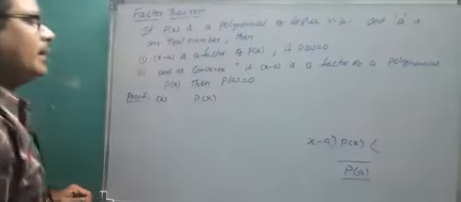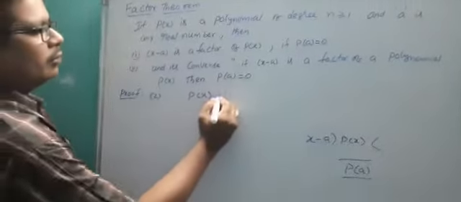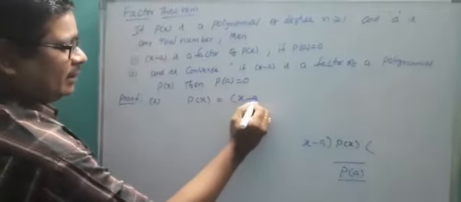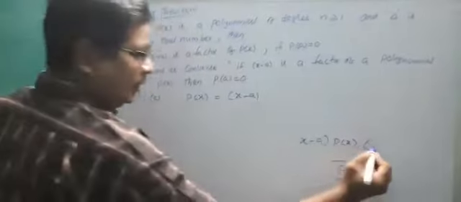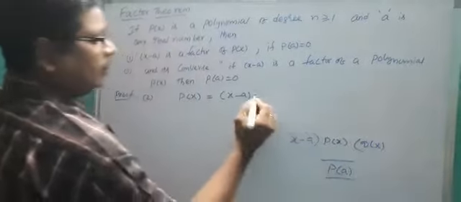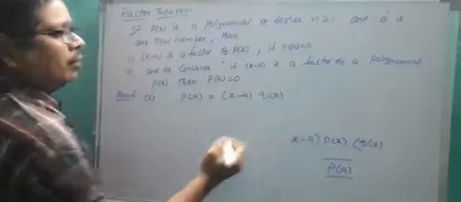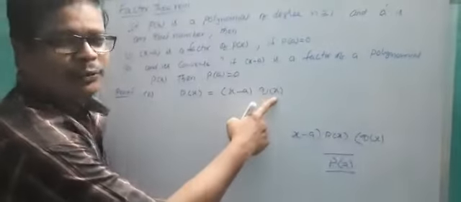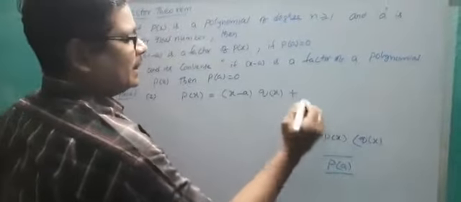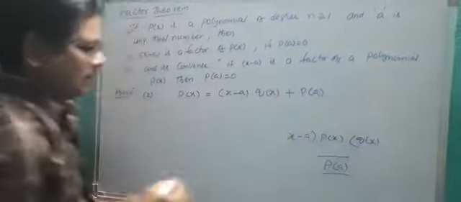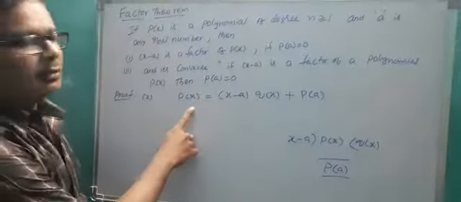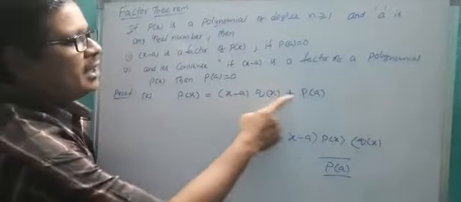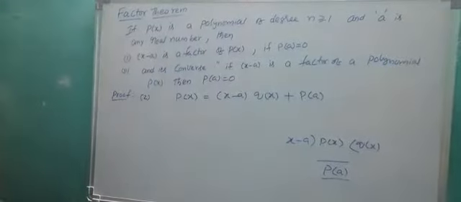So the dividend equals the divisor, x minus a, into the quotient q of x, plus the remainder p of a.